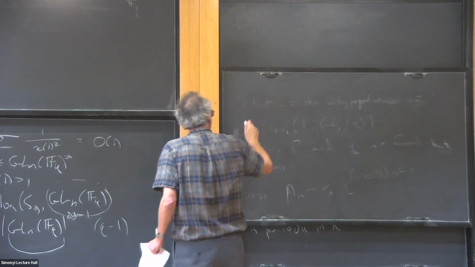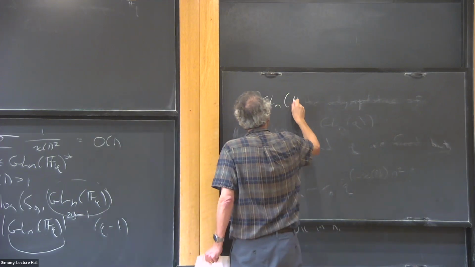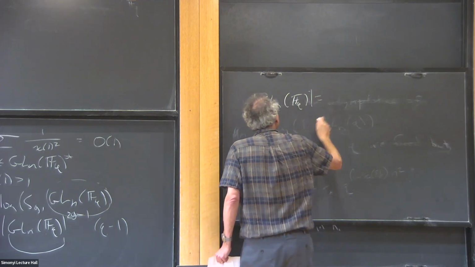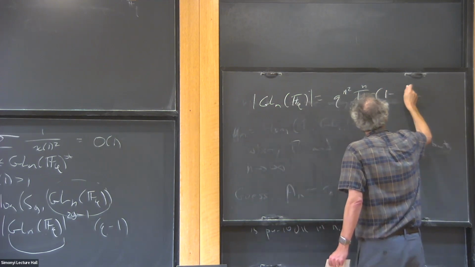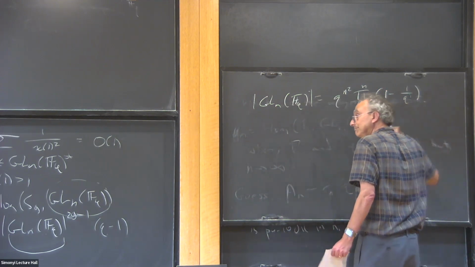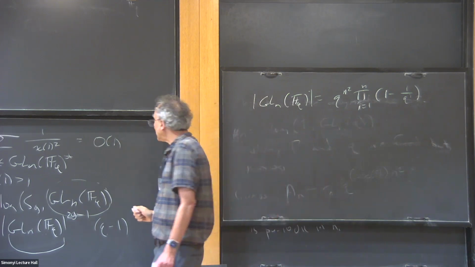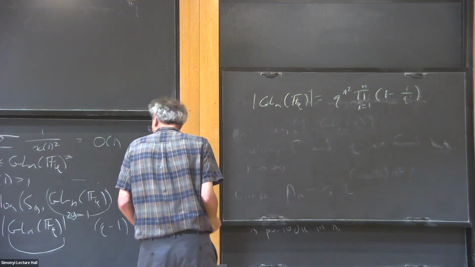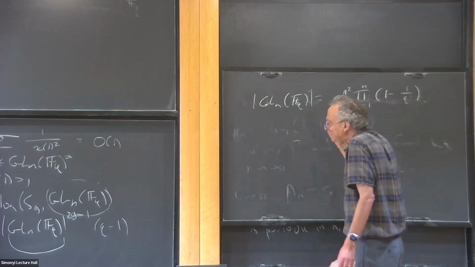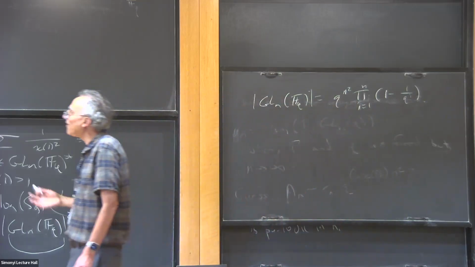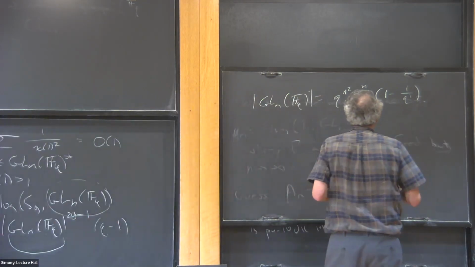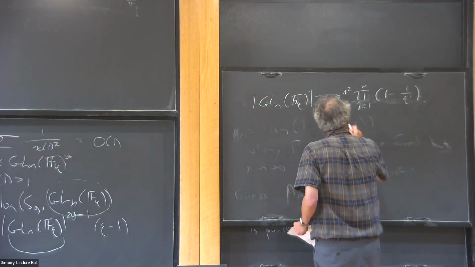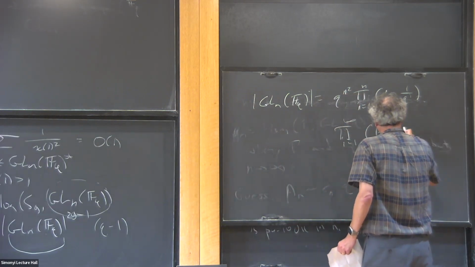If we count the number of elements in GL_n of F_q, this is just q to the n squared times the product as i goes from 1 to n of 1 minus 1 over q to the i. If you now shift perspectives and, instead of fixing n and sending q to infinity, fix q and send n to infinity, this begins to look very much like the product i from 1 to infinity of 1 minus 1 over q to the i.